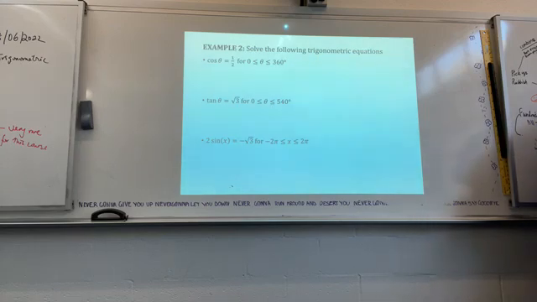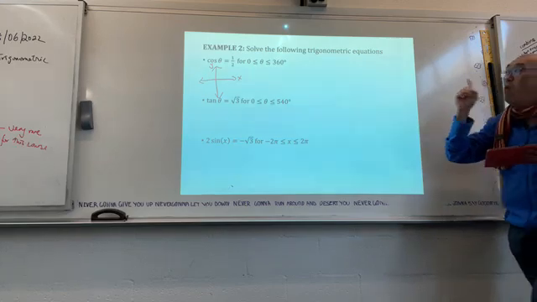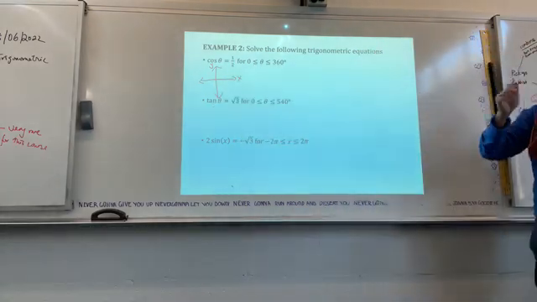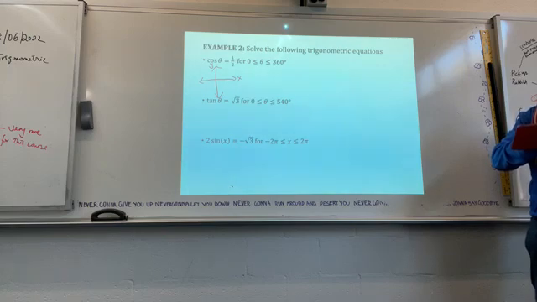The way I would do it is I start drawing a Cartesian plane, y and x. What I want is the reference angle. When cos theta is half, what is the reference angle? 60 degrees.